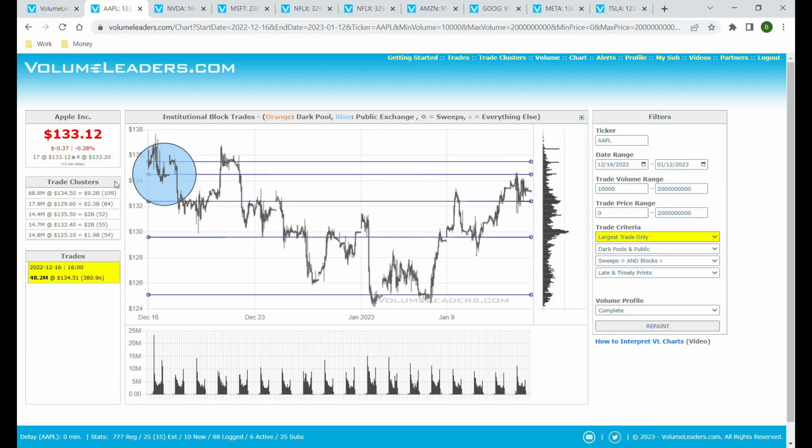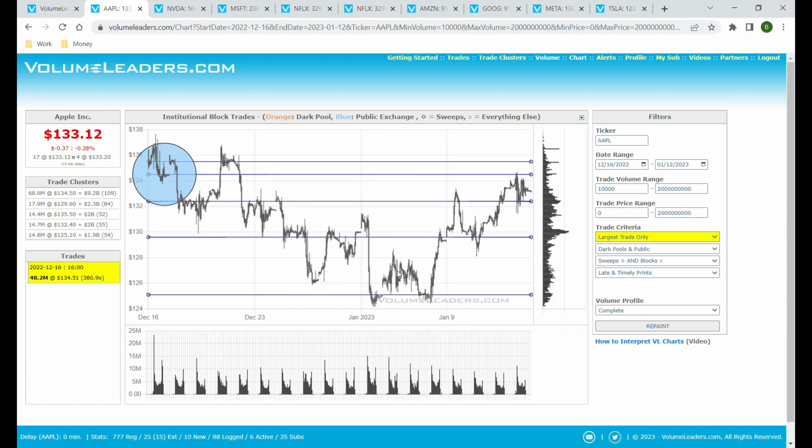In this case, it's resistance, and price came up after a month or so and retested it today and failed. So I wanted to call that out. It doesn't mean that it's not going to pass this level. It just means that it's a difficult level to pass, and it is a reasonable target on any kind of a rebound, which began around the first of the year in Apple.